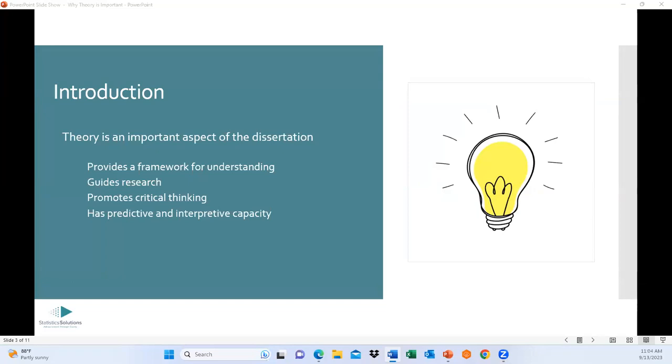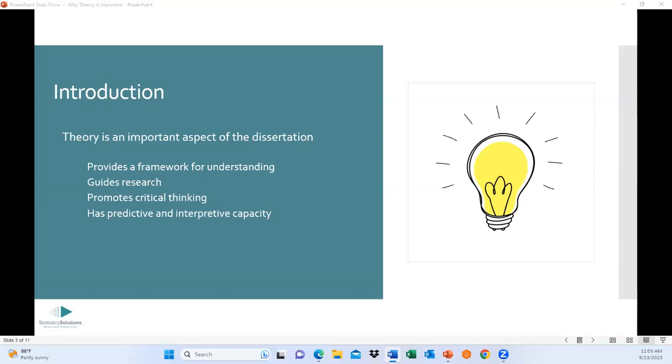It can promote critical thinking. Theories encourage critical thinking by challenging assumptions sometimes, and encouraging exploration of alternative explanations or theories. By testing theories, we can develop a deeper understanding of a topic, or expand or extend theories. Sometimes a theory can be tested to see if it applies to a certain situation, population, or topic.